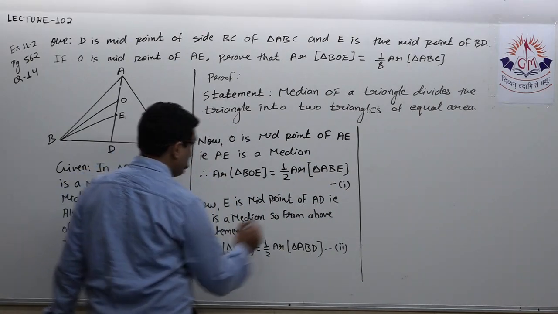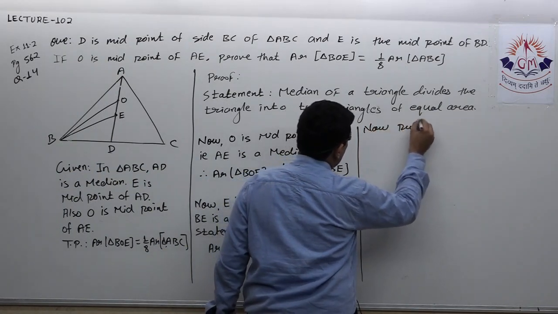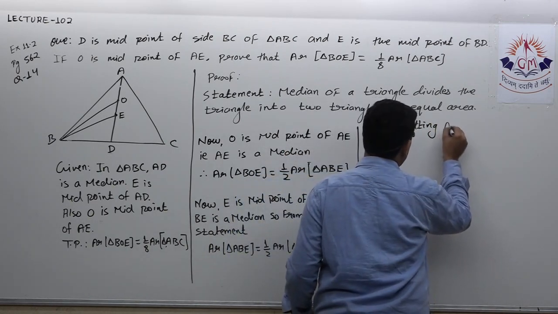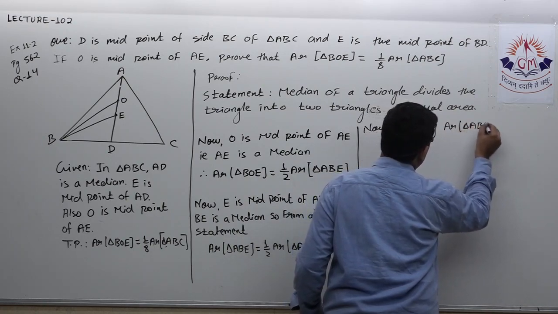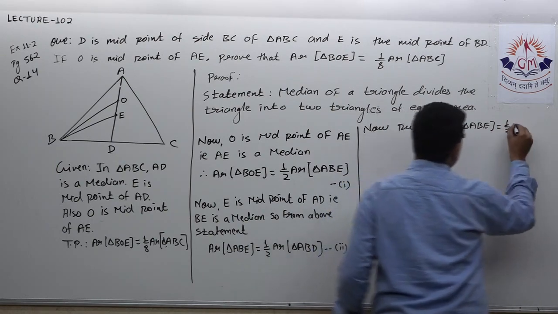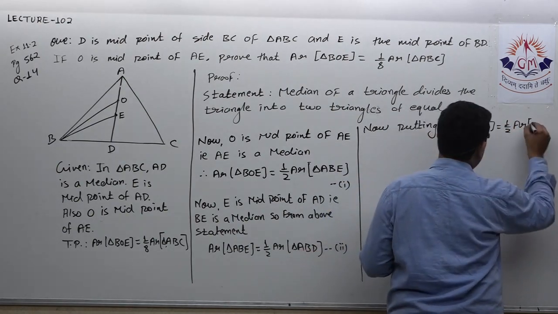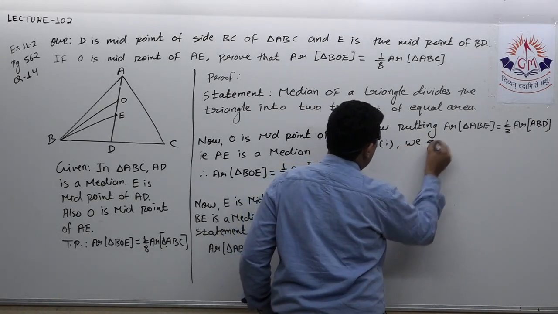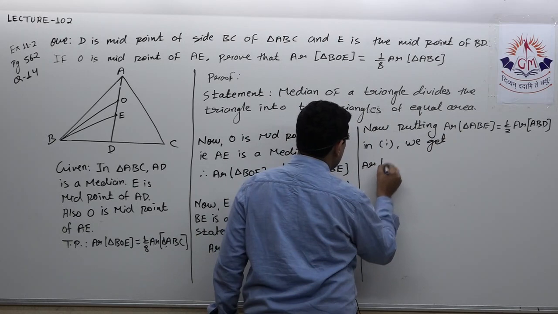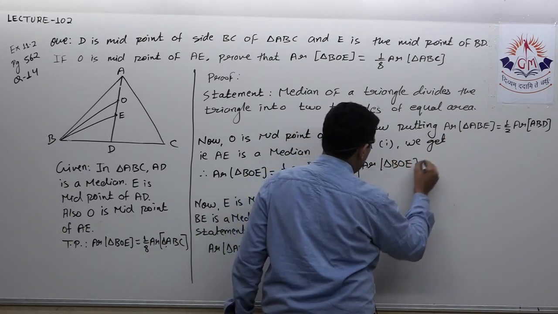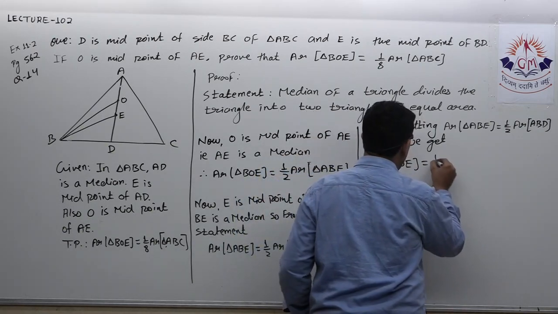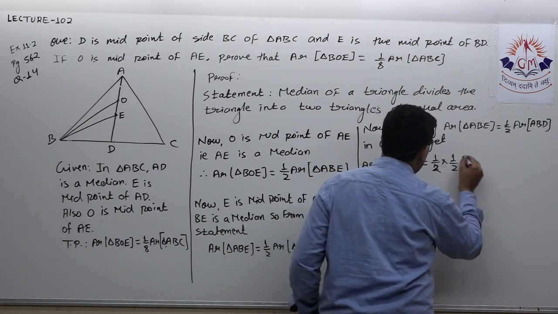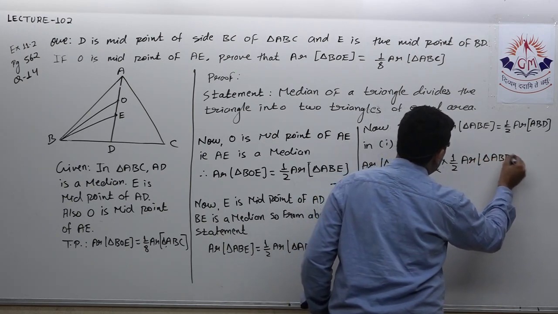Now putting area of triangle ABE equal to half area of triangle ABD in the first, we get area of triangle BOE is equal to half multiplied by half area of triangle ABD.